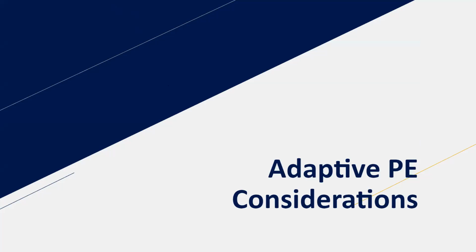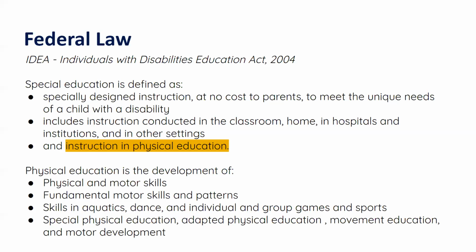So the second guidance that we're going to review will be reviewed quite quickly because the rules for it are clear. As always, we look at the law and how it is identified within the law. IDEA, through federal law, specifically identifies that we have to have instruction in physical education.